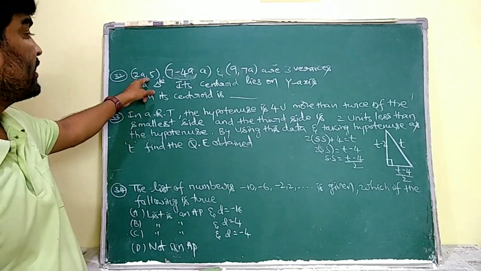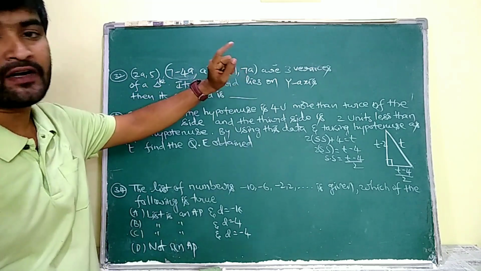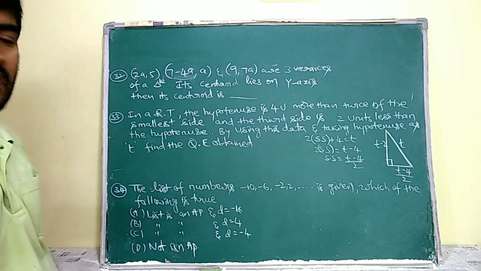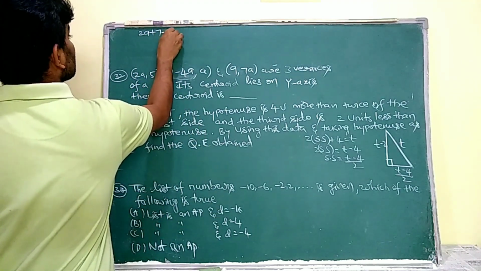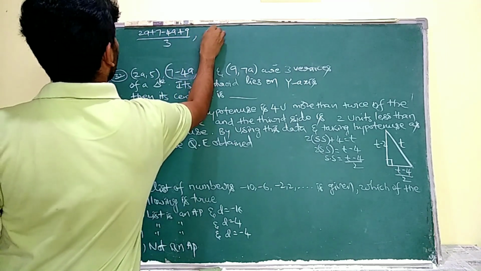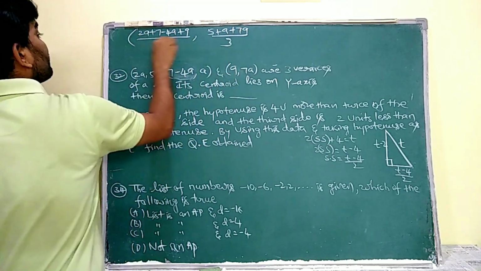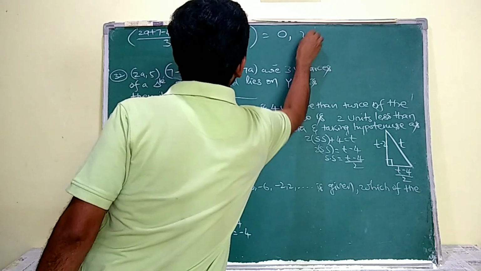See ma, (2a, 5), (7, -4a), (a, 9, 7a) are the 3 vertices of a triangle, and its centroid lies on the y-axis. Its centroid means (2a + 7 - 4a + 9)/3, (5 + a + 7a)/3. This lies on the y-axis, so the x-coordinate is 0, and y is some number.